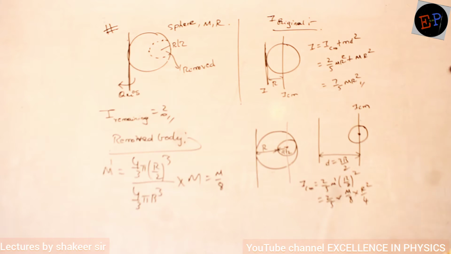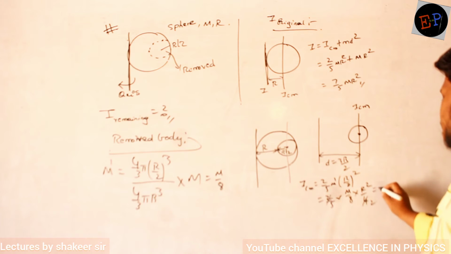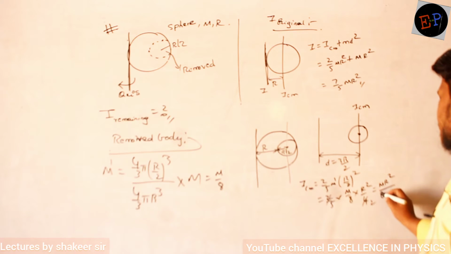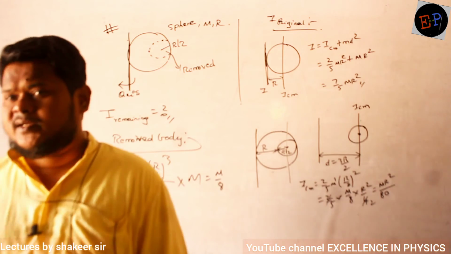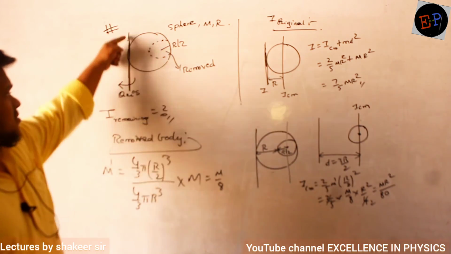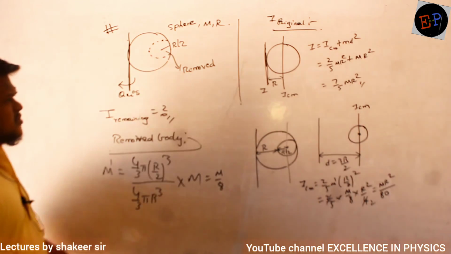So it is mr square divided by 8, 5 eights are 40, 40 into 2, 80. So mr square divided by 80. That is the moment of inertia of the removed body about its own center of mass axis. Now substitute in this relation.